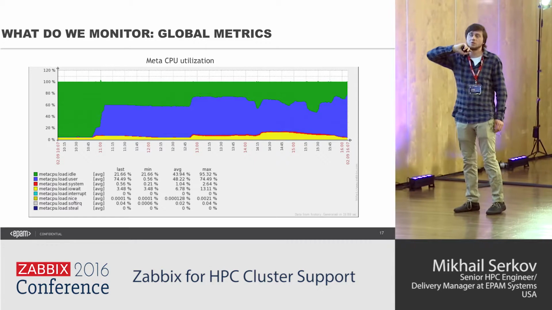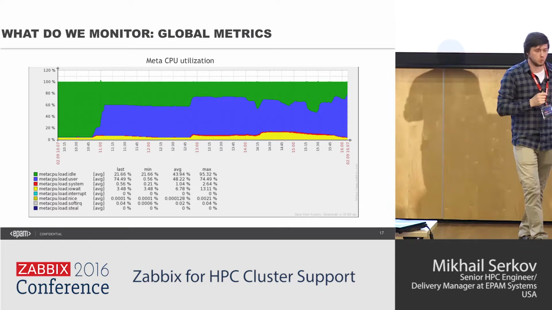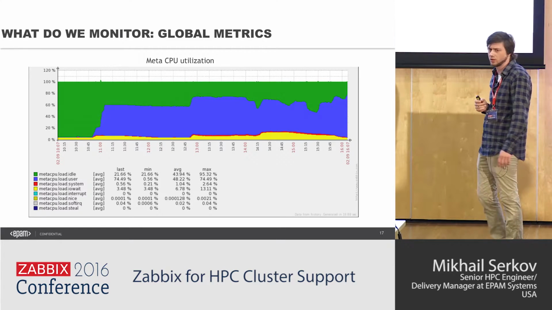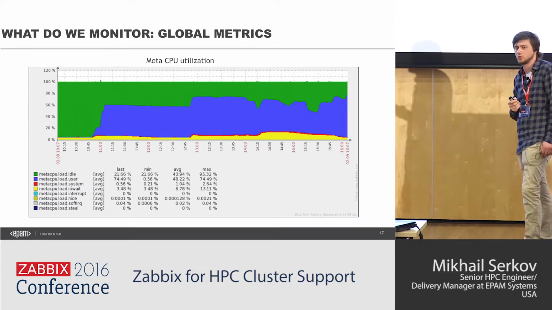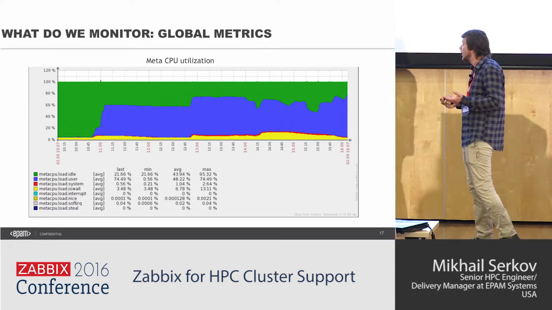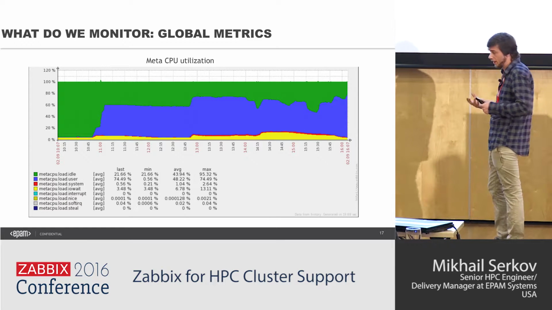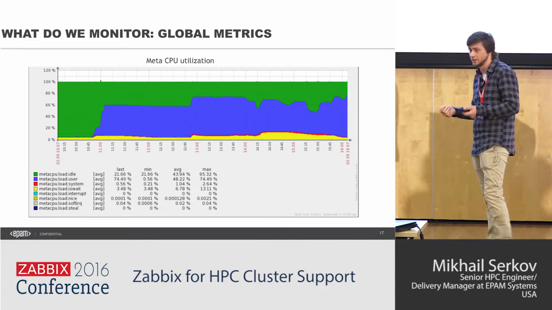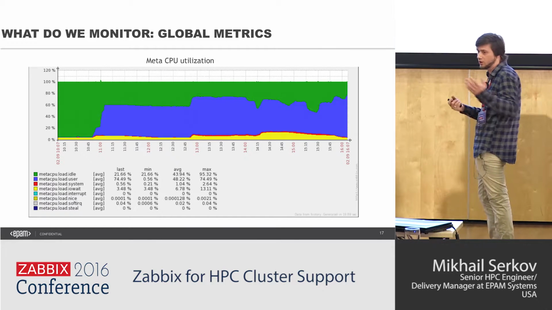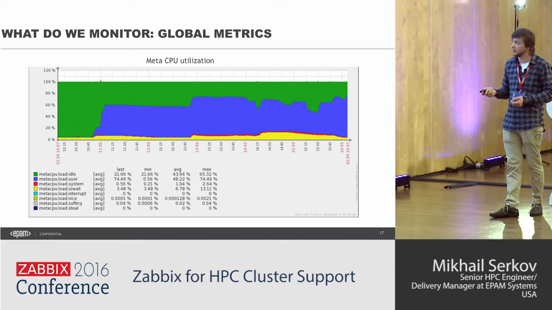But in terms of the cluster, this 15% of disk waits means that around 1,000 cores are just waiting for disk operations. So we have 1,000 modern CPU cores doing nothing. And it's a signal for us to go and investigate who it was and why. Probably he needs to switch to a different file system.